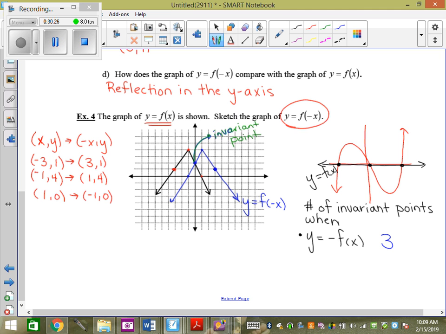And they might say, put this in the first numeric response box. And then I could say, when y equals f of negative x, what's this a reflection in? It's making all the x's negative.